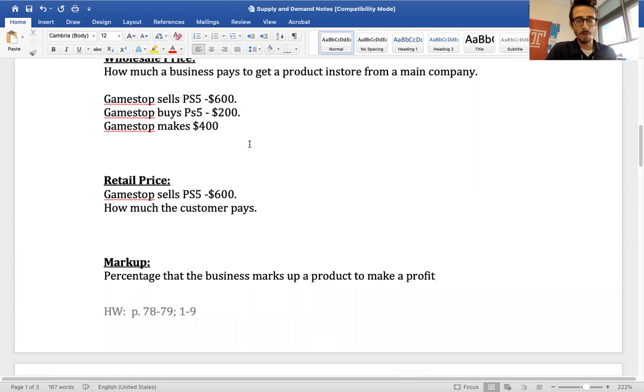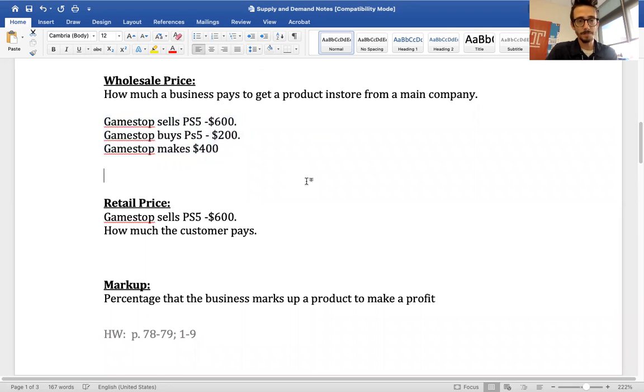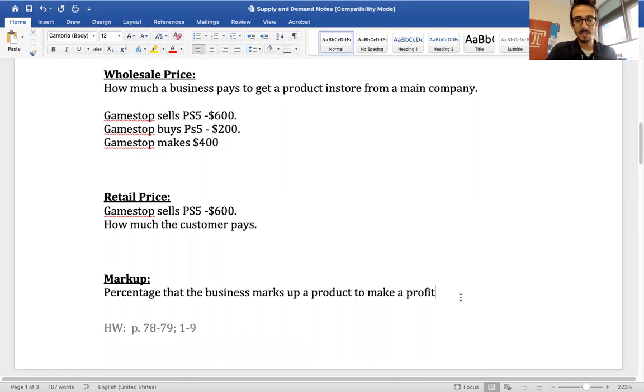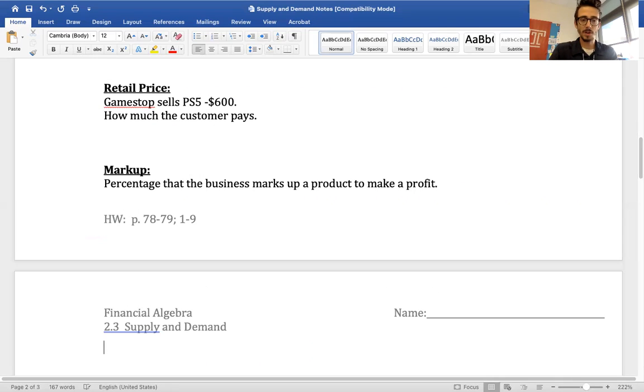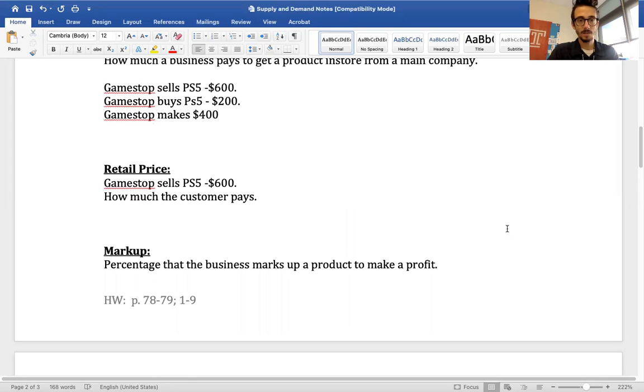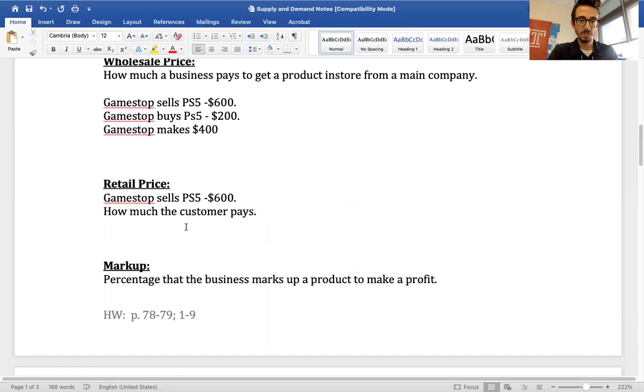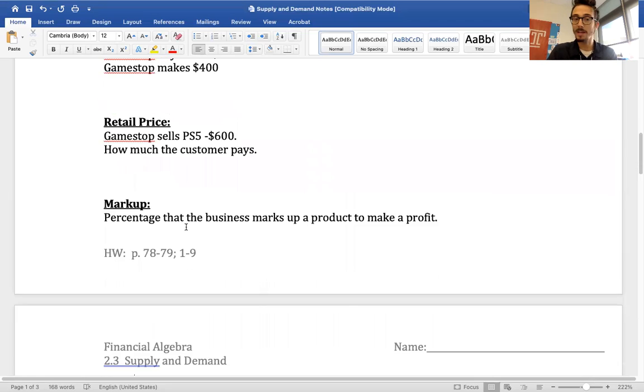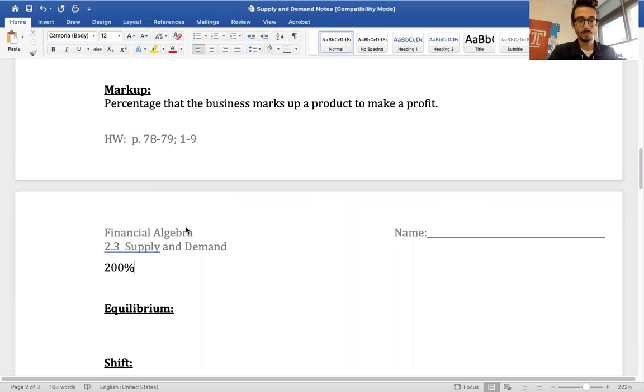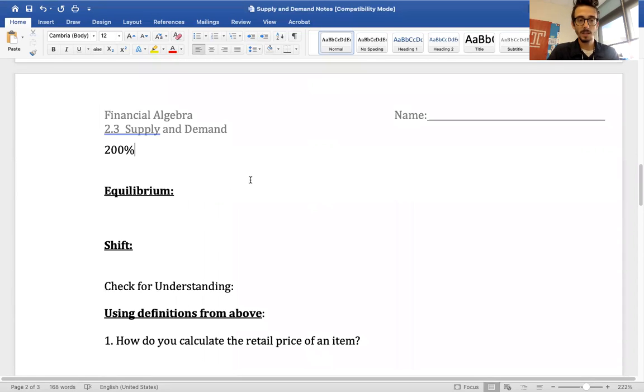If we're bouncing off of the example seen up here, we see that GameStop is going to sell their PS5 for $600. So they make the $200 back that they invested, but they also have a markup of 200%. It's not bad. Pretty good because they make 400 and they only paid 200. So there we go.